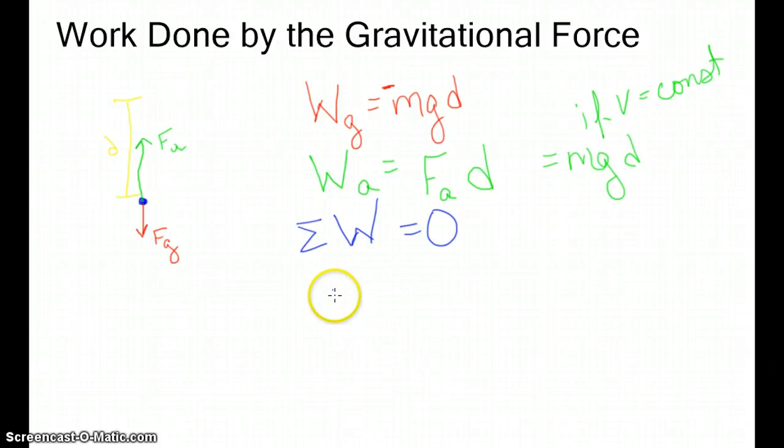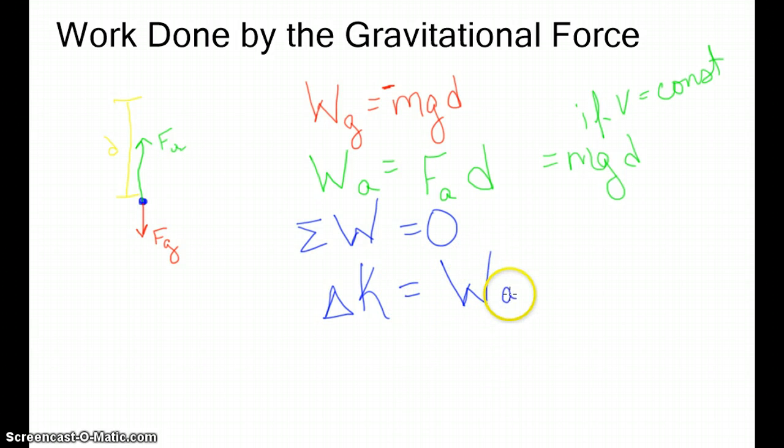So that tells us that the change in kinetic energy for the system is going to be the sum of all the work. So it's the work from the applied force and the work from the force due to gravity. And if we have any other forces acting on it, we're going to add the work done by those forces as well. So let's look at an example.